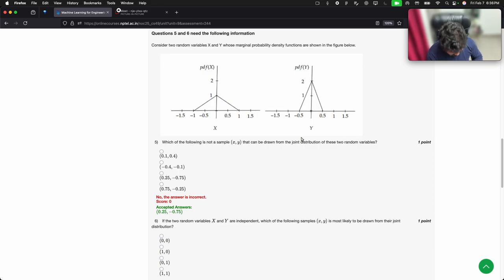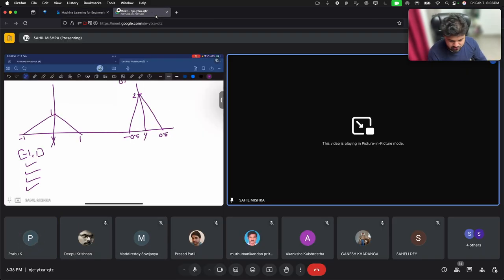Let's talk about y. This PDF reaches the height 2, which should not happen. A probability density function should reach a height of at max 1. It can reach 0.8 also, but at max 1.